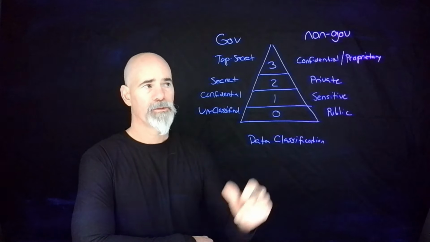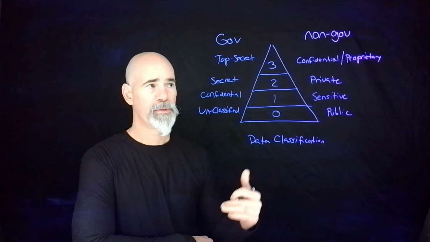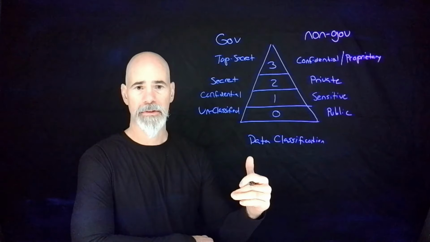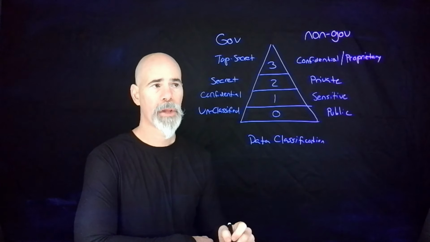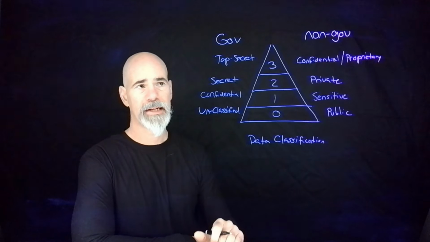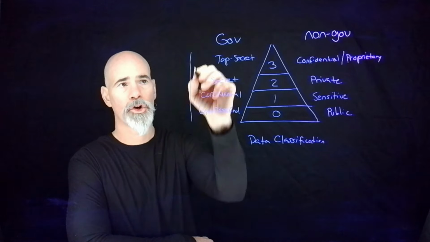On the non-government side for organizations, it could be financial plans, or information about specific projects that are underway and so forth. But the reason we classify this data is we really want to understand what is the damage that can occur from this information.